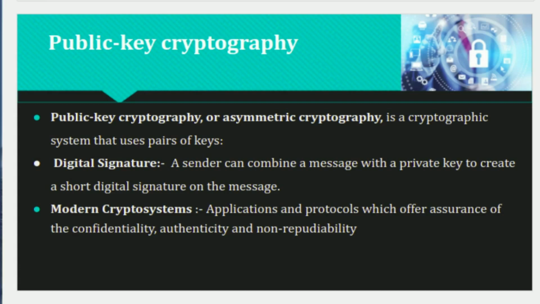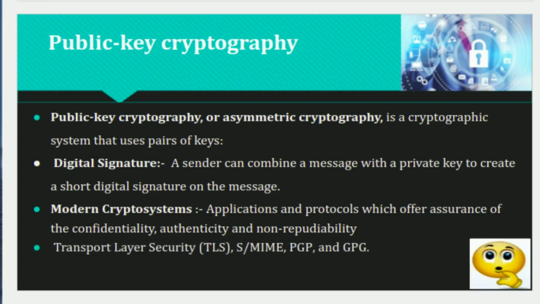They underpin numerous internet standards such as Transport Layer Security, popularly known as TLS, then Secure Multipurpose Internet Mail Extensions. After that, one more protocol, that is PGP, the Pretty Good Privacy protocol, and another one is GPG, that is GNU Privacy Guard.